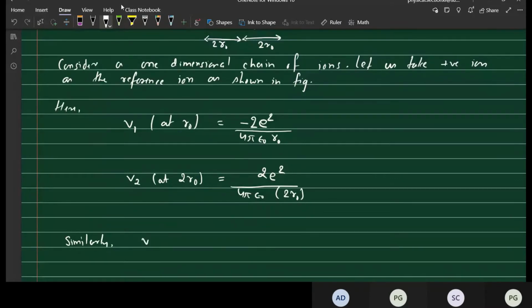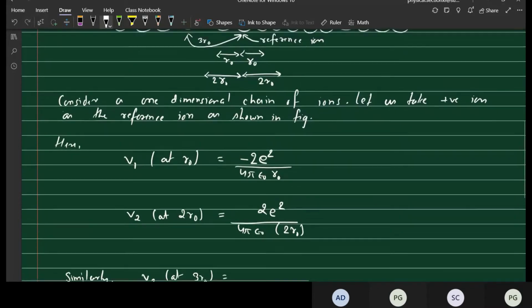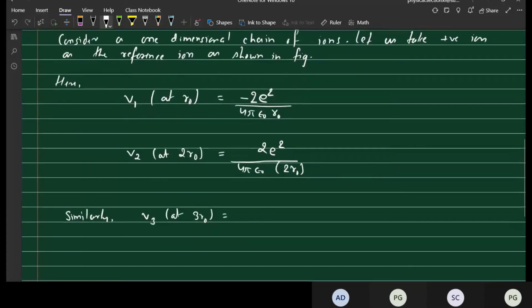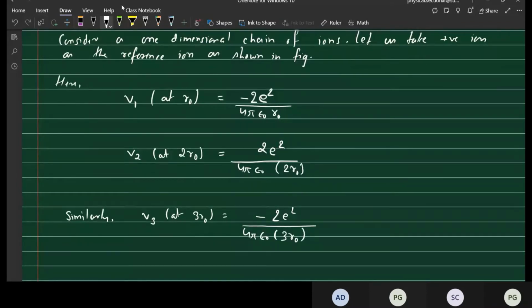Similarly, V3 at 3r0 is equal to, at 3r0, one of the charge is positive, another is negative. So minus E square, and since on both sides 2, by 4 pi epsilon naught 3r0. And so on, at 4r0, 5r0.